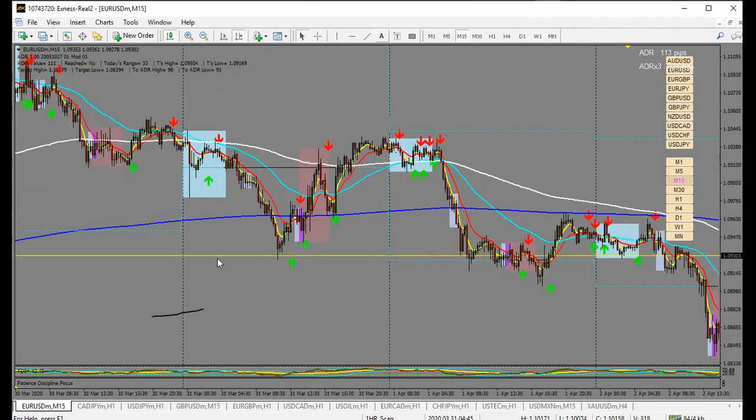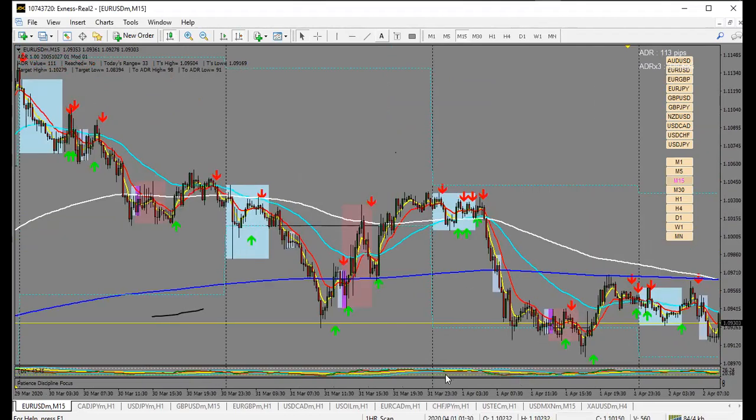All right. This is type 1. This is our Asian box. The dealer stop hunts low, forms the low of the day. You take the trade and up you go.